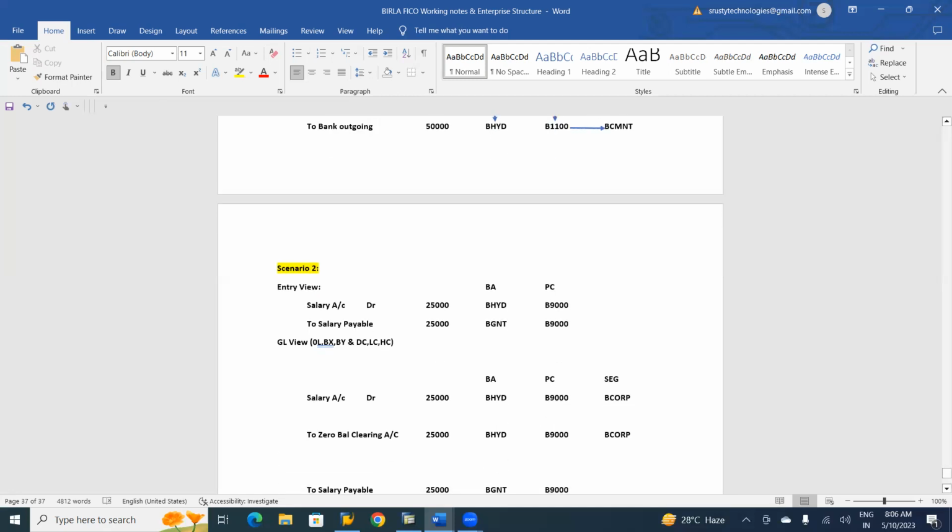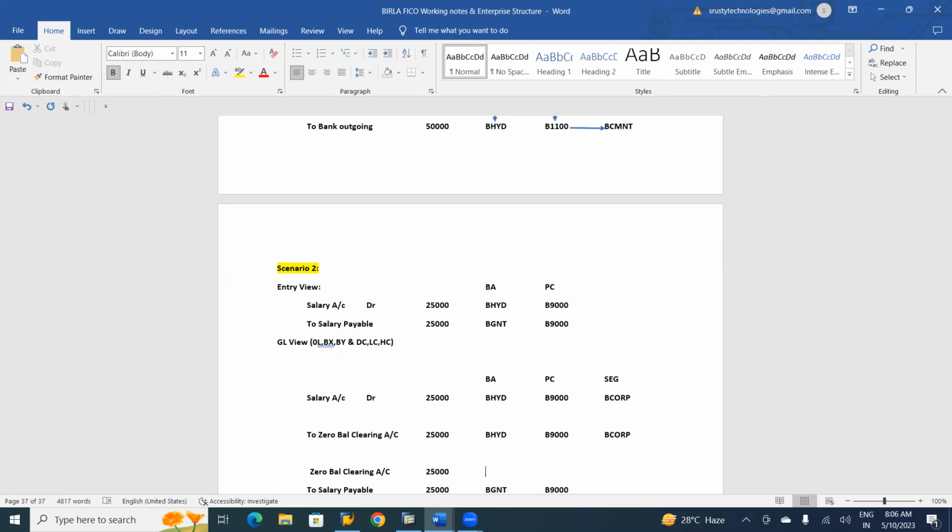Next line, zero balance clearing. Exactly. It will be debit now. Correct? Yes, sir. Zero balance clearing account debited 25,000.